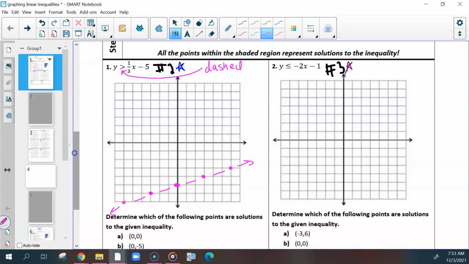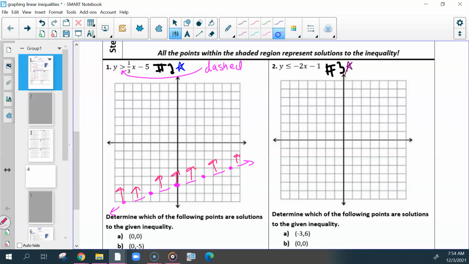So we know it's going to be dashed, and then this is a greater than symbol. So would that be shaded above the line or below it? Above. If you're not sure where exactly above or below is, I would start at the y-intercept and go above or below that point. So above this point would be up here, so that means everything would be up here.